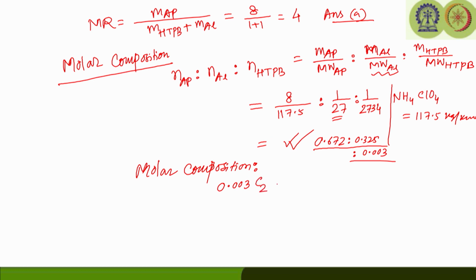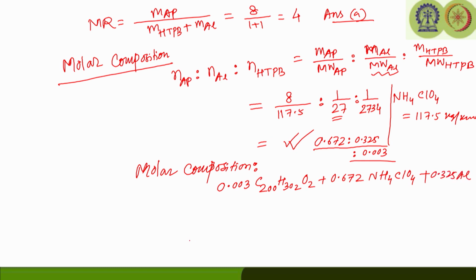So, HTPB was, the formula was C200 H302 O2 plus 0.672 of NH4ClO4 plus 0.325 aluminum. Okay.